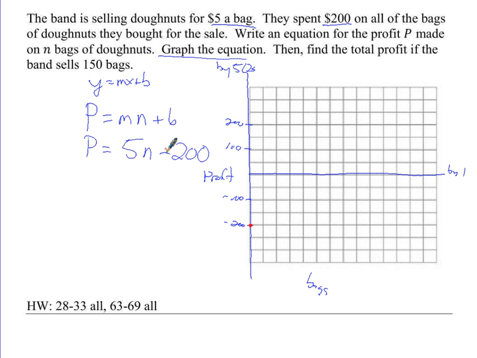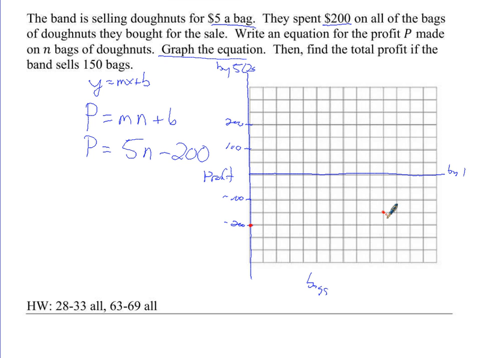Now 50 minus 200 gives me negative 150. Negative 150 is right there. So all the way over at 10, I got to go down still to negative 150. And I can put a dot there.